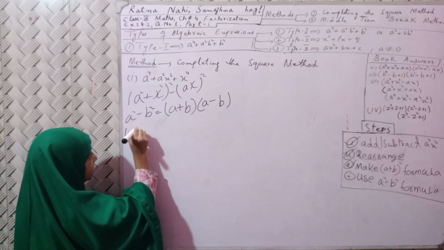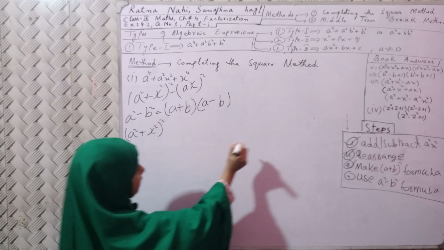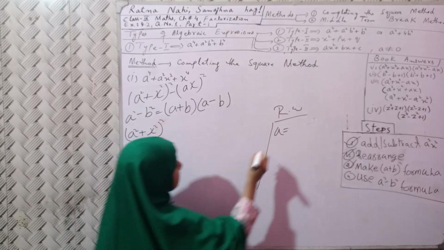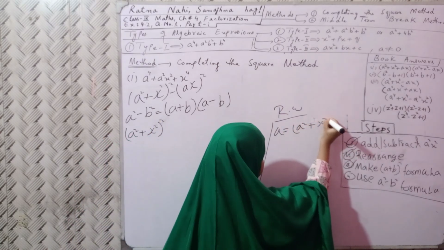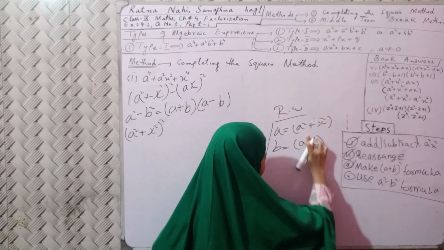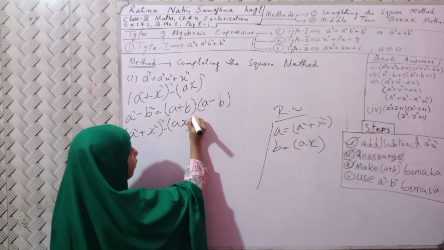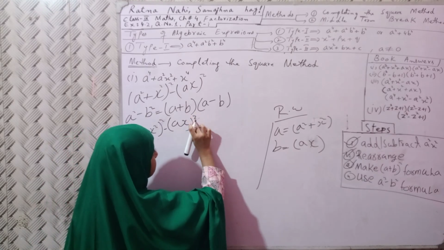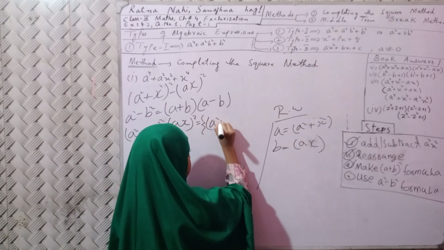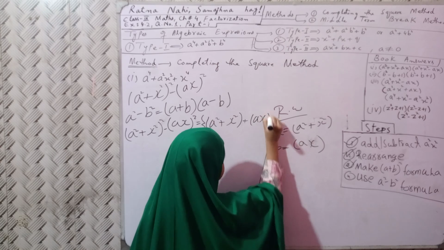Then bracket a square plus x square whole square, and in rough work, a is equal to bracket a square plus x square, b is equal to bracket ax, then minus bracket ax whole square is equal to curly bracket a square plus x square bracket plus bracket ax bracket.